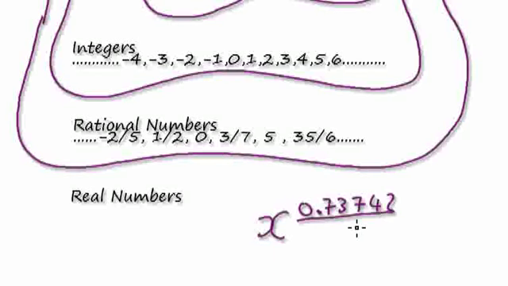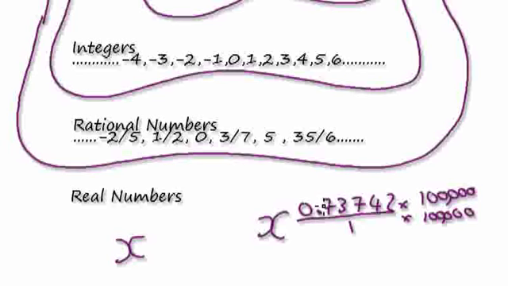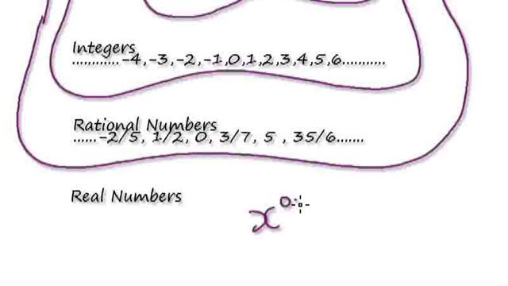So imagine this as being over 1 here, and then times top and bottom here by 1, 2, 3, 4, 5. So if you times top and bottom by 100,000, then you can express this as a rational number. Well, my point here is that even if you have x to the power of, let's say, 2.735 here, you can still use the power rule.